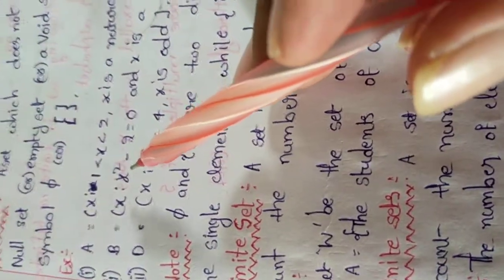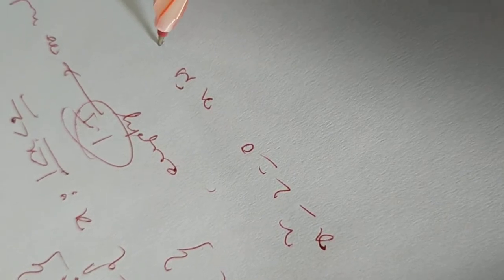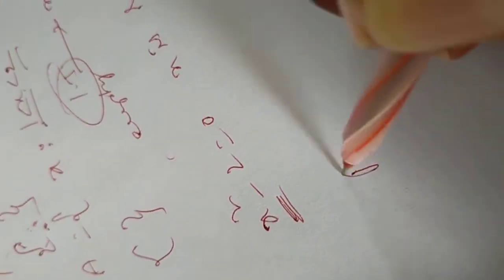Next condition: x square minus 2 equal to 0, where x is a rational number. Rational numbers are in p by q form.